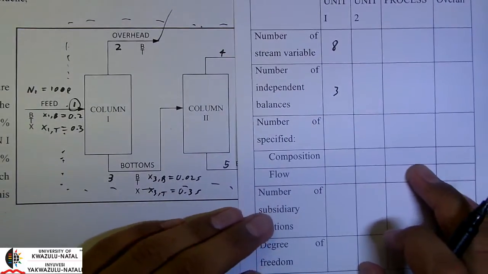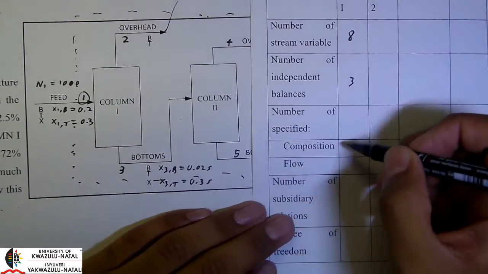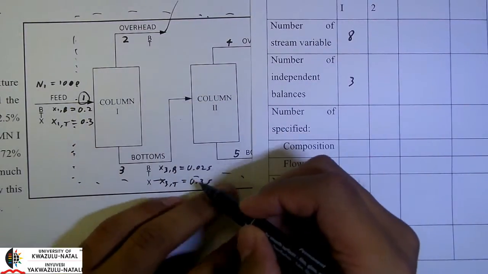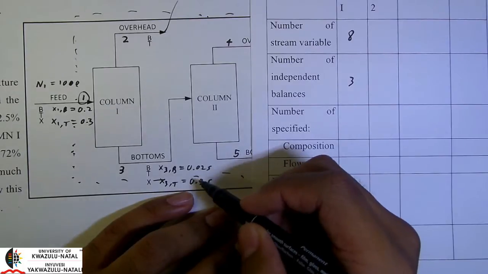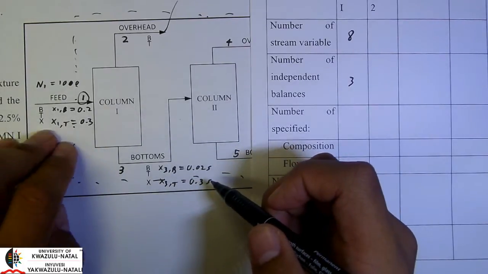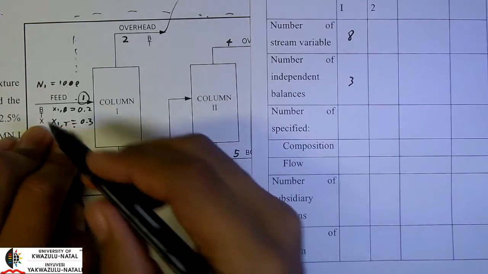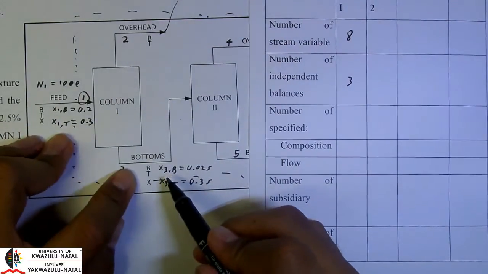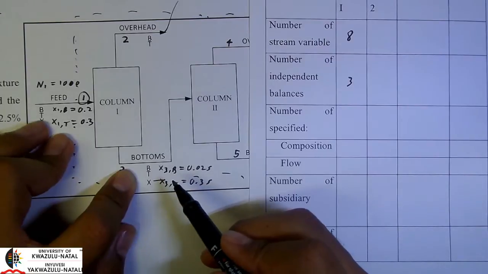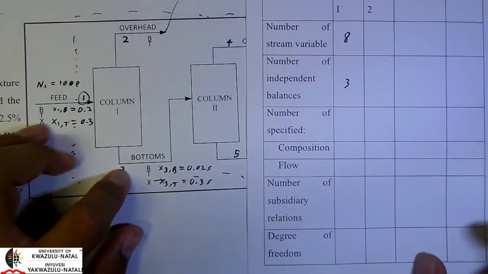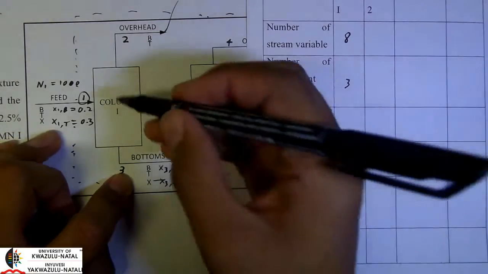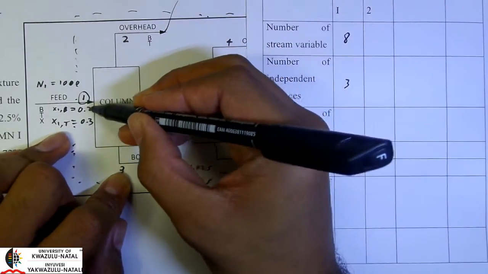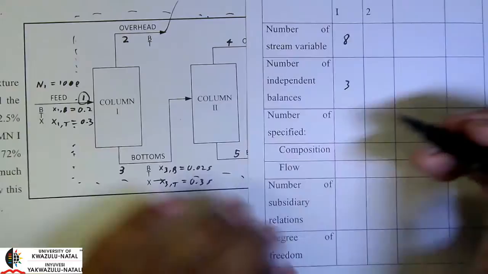Okay, so let's look at the number of specified compositions. We have 2 compositions in this stream and 2 in this stream here. Now, by default, we can easily calculate the composition of toluene in either of these streams. However, that won't be an independent specification. So we are only counting independent specifications. So we have 1, 2, 3, 4 compositions.